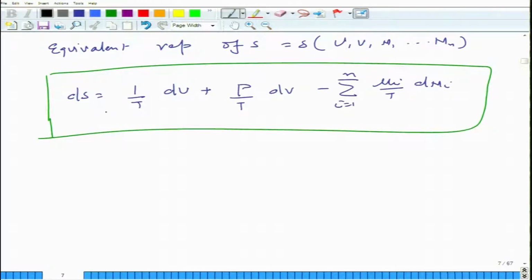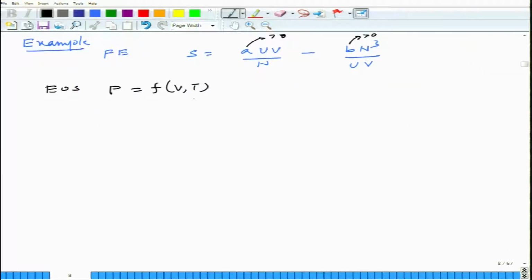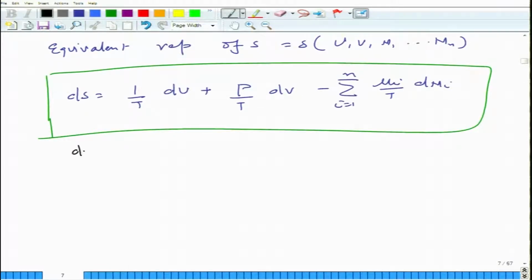Okay. So, we know S as a function of U, V, N. So, we can write dS in differential form, and since dS is already given here, you will have dS as del S by del U at constant V, N, dU, and so forth.